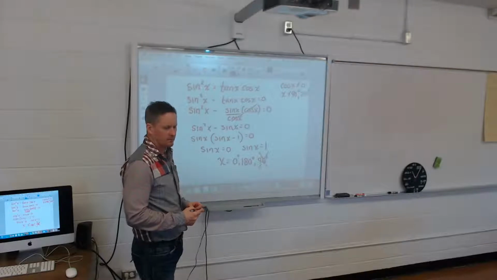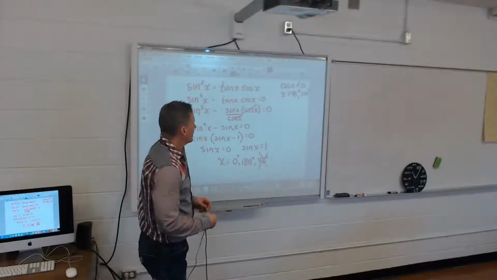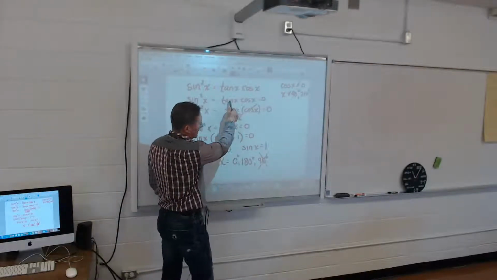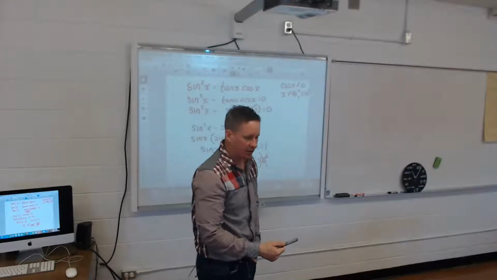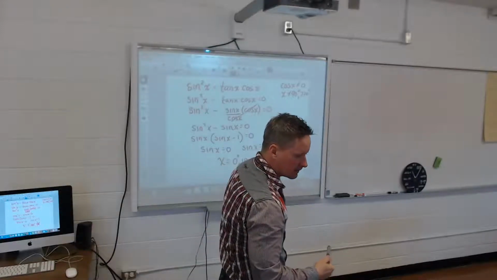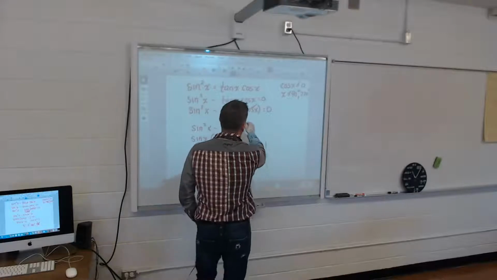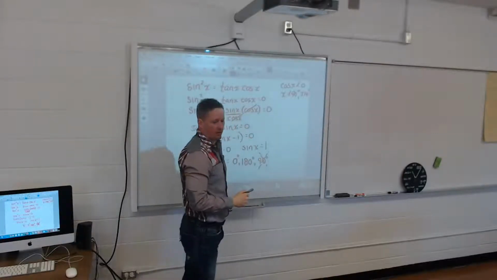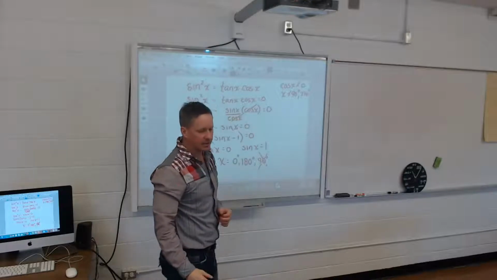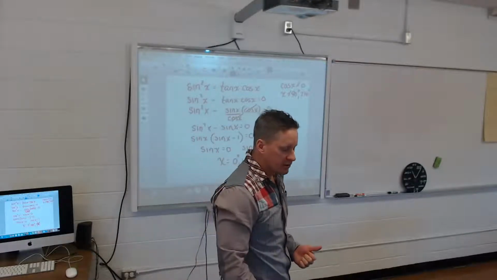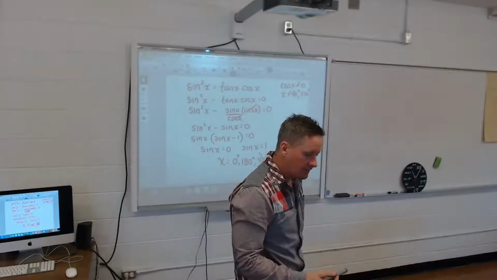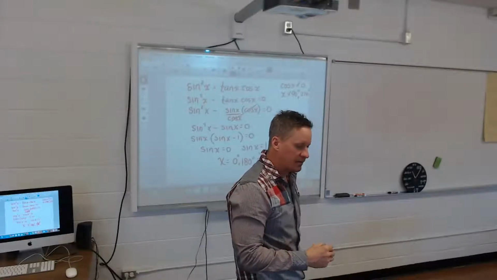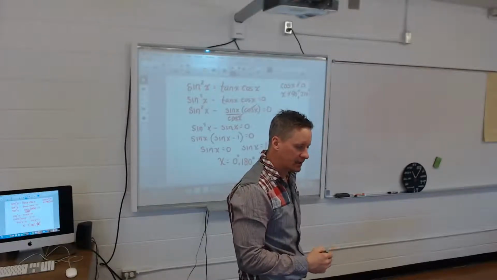So again, why isn't it 90? Because I have tan x is sine x over cos x, right? Now cos x, that means then that cos x can't equal 0, because I can't have the 0 as a denominator. So now you look on your unit circle, and what are the two coordinates on the unit circle where cos x is equal to 0?